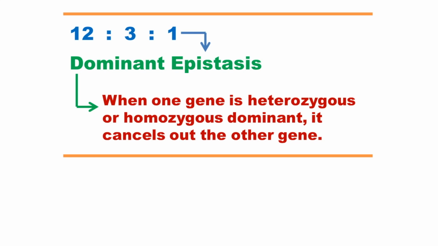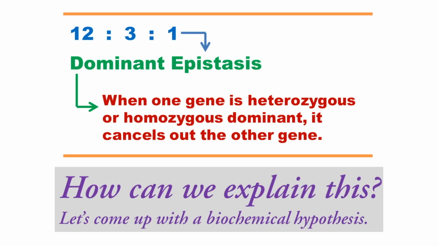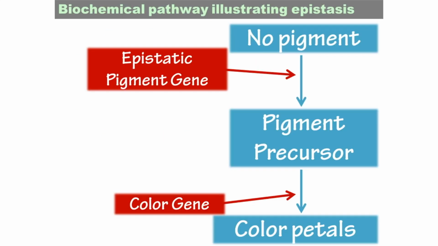So we can see that all this works out, the numbers and the logic and the predictions, but can we ground it in some sort of biochemical reality? And a hypothesis that seems to reflect what's really going on here is something like this. Imagine that you've got a two-step biochemical pathway.